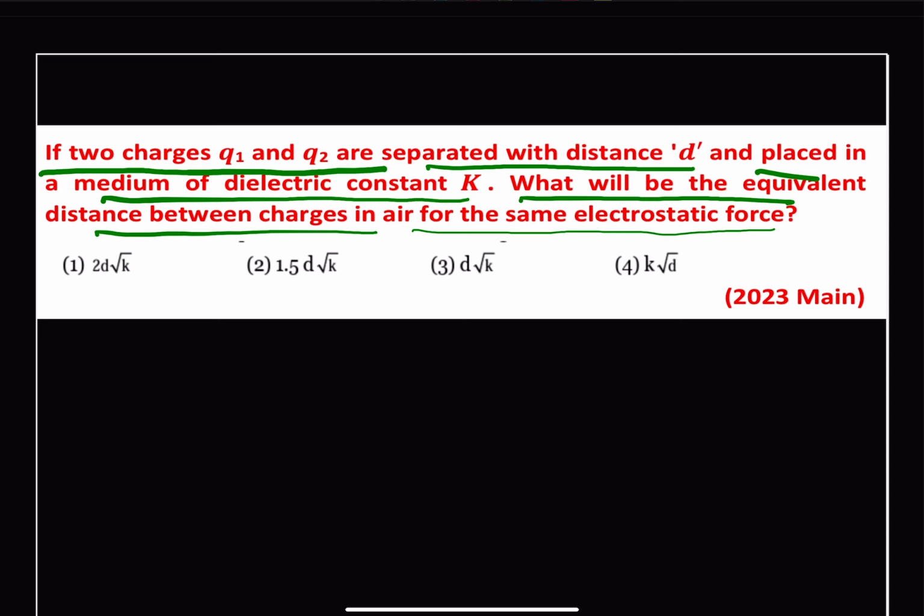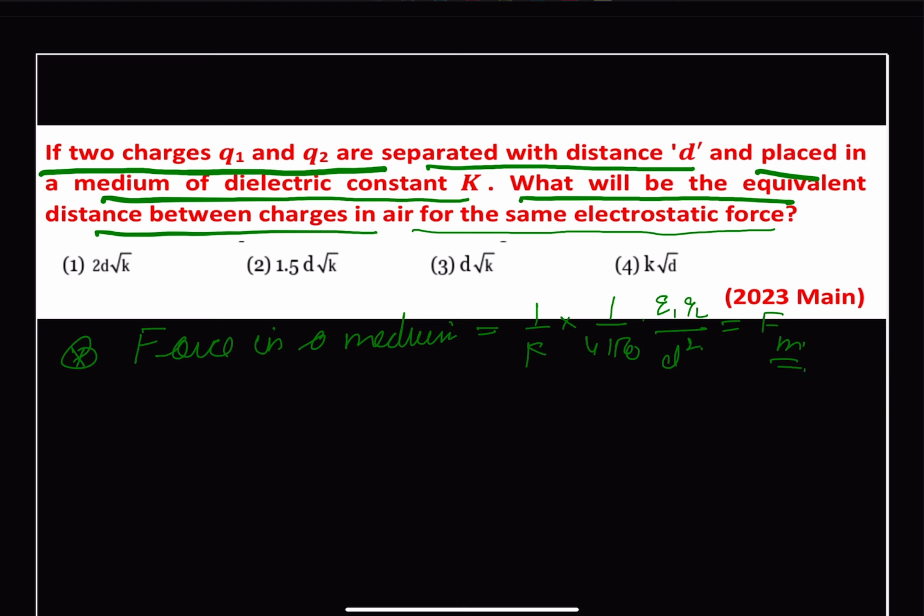We can say the electrostatic force in a medium will be equal to 1 by K multiplied by 1 upon 4 pi epsilon naught, charges are Q1, Q2, and the distance between them is d, that is d square. Let us call this F medium.